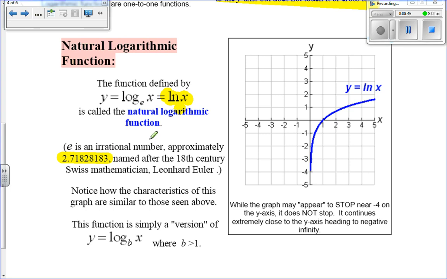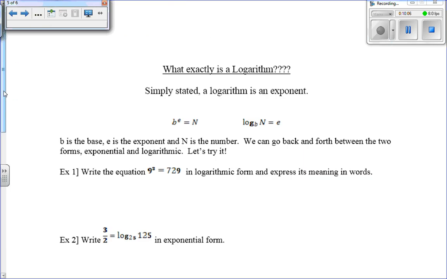Remember, it looks like Euler, but it's pronounced Euler. The characteristics of this graph are similar to the ones above, so this is simply a special case of a log. So let's just solve some problems.